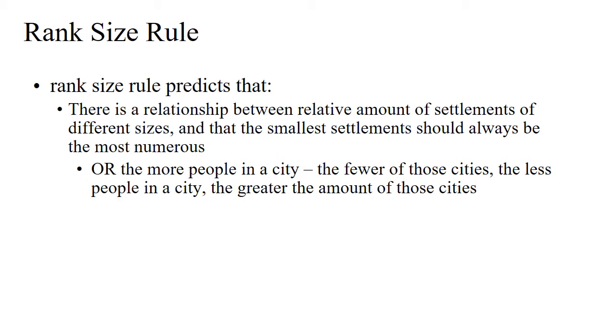The fewer people in a city, the greater the number of those cities there will be. And we'll build on that a little bit as we continue talking here. But that's the basic prediction of the rank size rule, that you're going to see a descending hierarchy of cities as you move down in population, with there being more and more as you get to the smaller and smaller settlements.